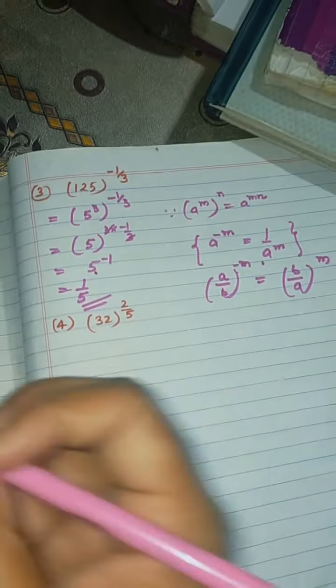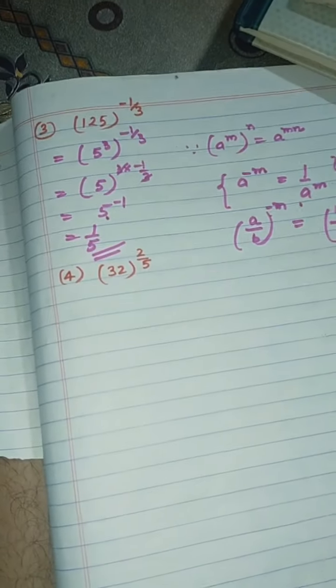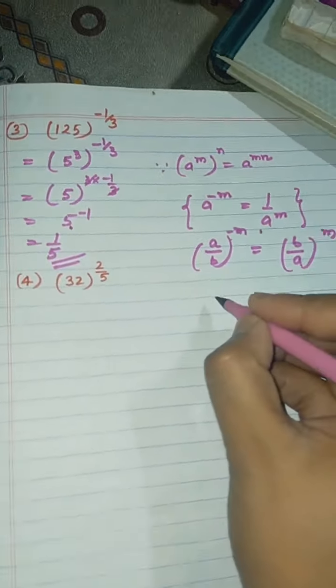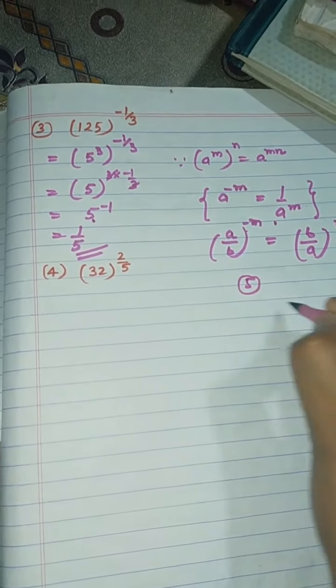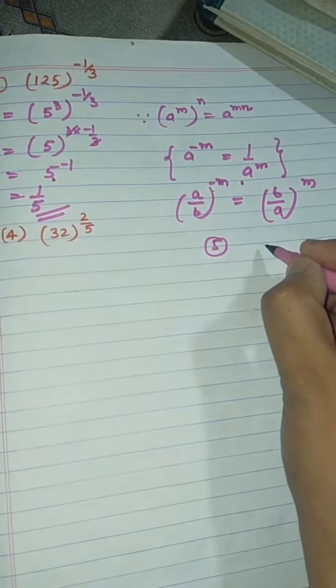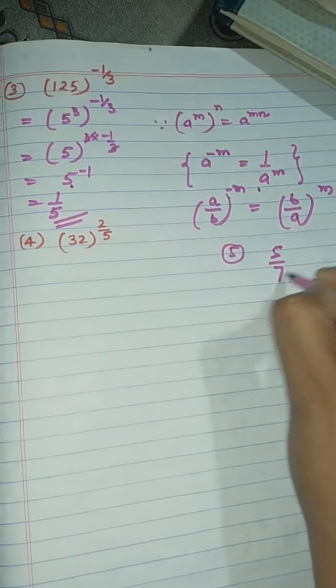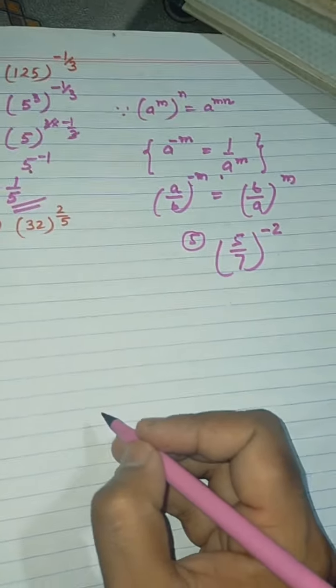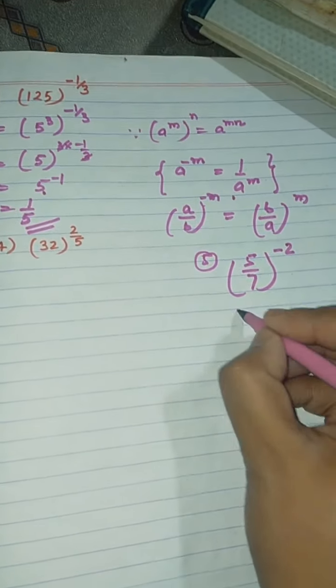Now, one of the questions based on this formula we can solve is, if it is asked, 5 upon 7 to the power minus 2. What should we do first?